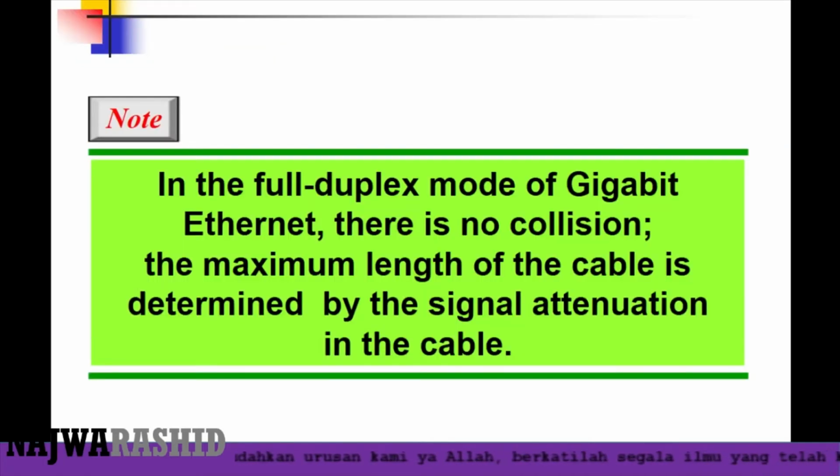In the full duplex mode of the Gigabit Ethernet, there is no collision. You still remember the multiple access? There is no collision in this part. The maximum length for the cable is determined by the signal attenuation in the cable itself, based on the transmission impairment, signal attenuation.